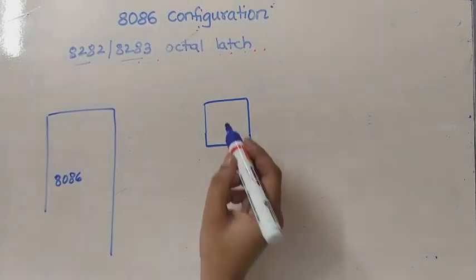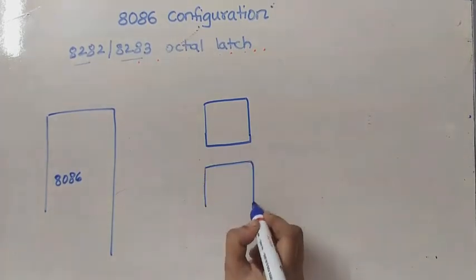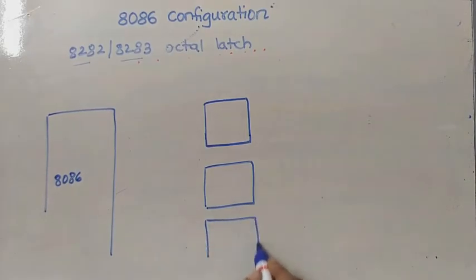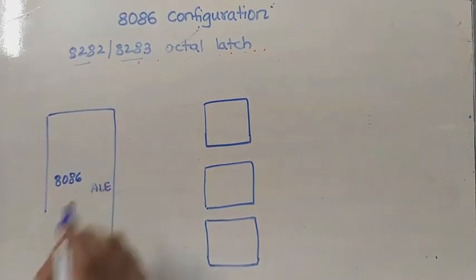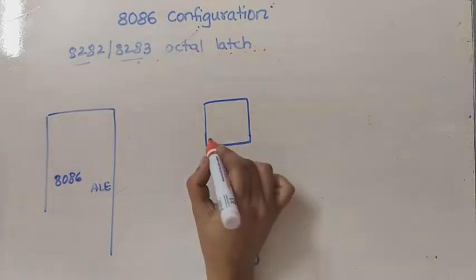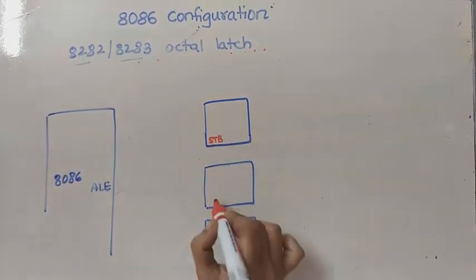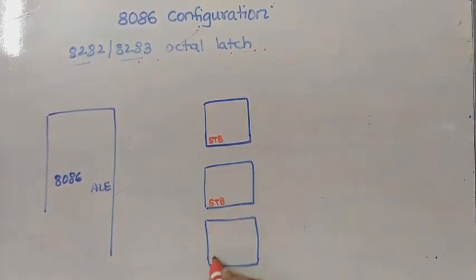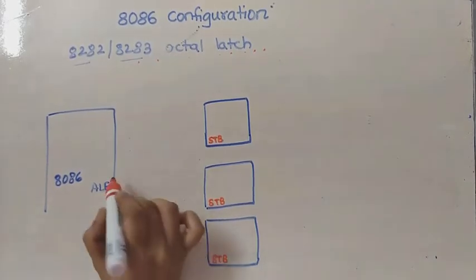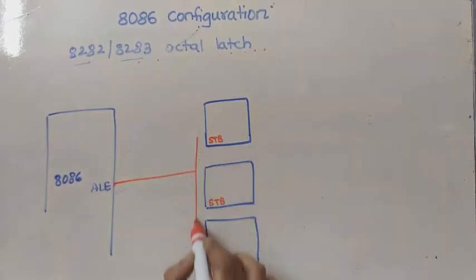So this is one, this is second latch, and this one is third latch. The ALE signal of this 8086 is connected to the STB pin, that is the strobe pin of the latch.